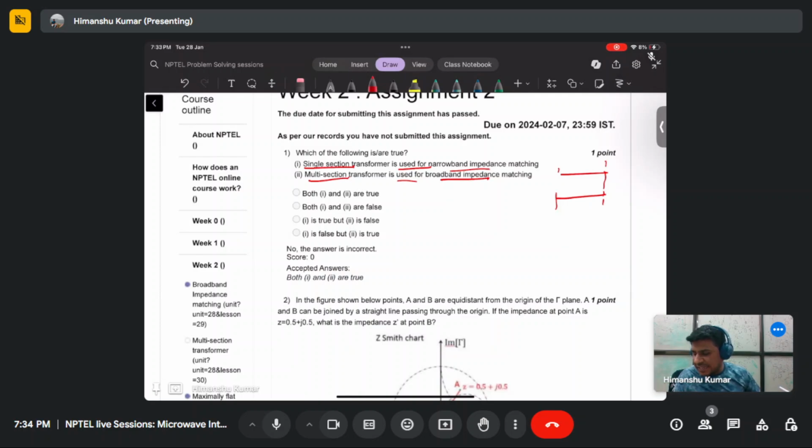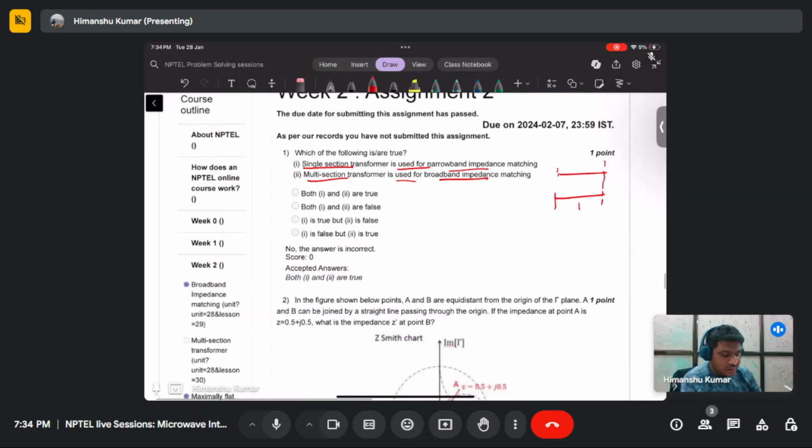It has a characteristic impedance at only two points, so it will not have multiple reflections in between the lines. The wavelength corresponding to this line is basically fixed, so you can use it only for very narrowband impedance matching, not in the wideband case.